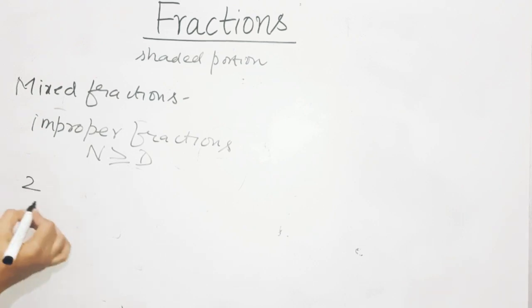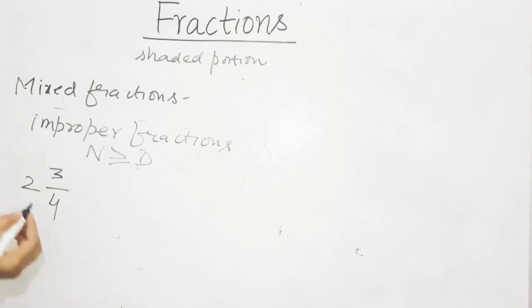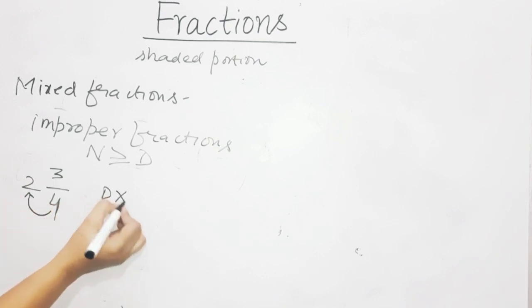For example, a mixed fraction is written like this, 2 3 upon 4, right? So the first step to convert a mixed fraction into an improper fraction is to multiply the denominator with the whole part. What will you do with the denominator and the whole part?